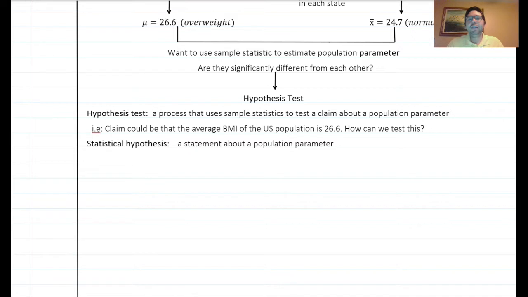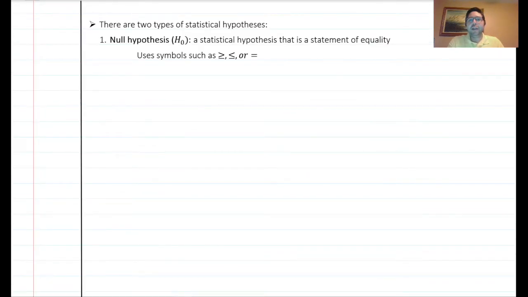So let's talk about a statistical hypothesis. A statistical hypothesis is a statement about a population parameter. That's it. All it does is talk about a population parameter. There are two types of statistical hypotheses: the null and the alternative. The null hypothesis we call H sub 0, that's the little 0 on the bottom.